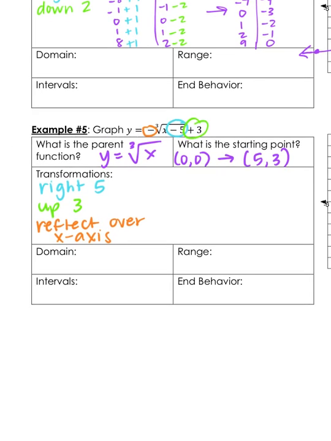So, start my table. X, Y. I start off with my standard x values, my standard y values. So for my shift right, I'm going to add 5 to all of my x values.